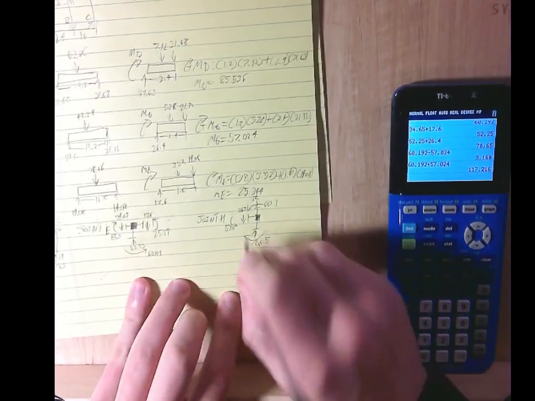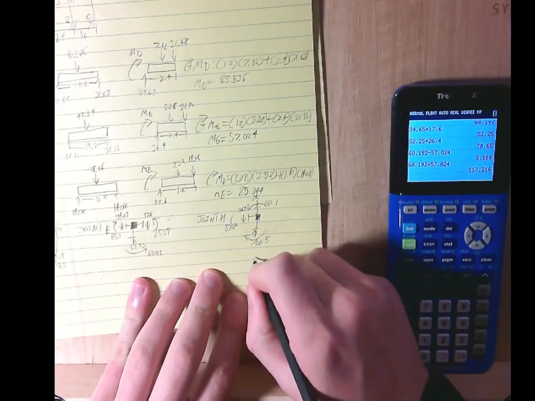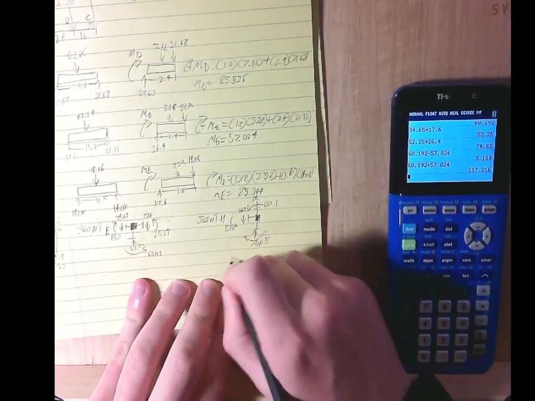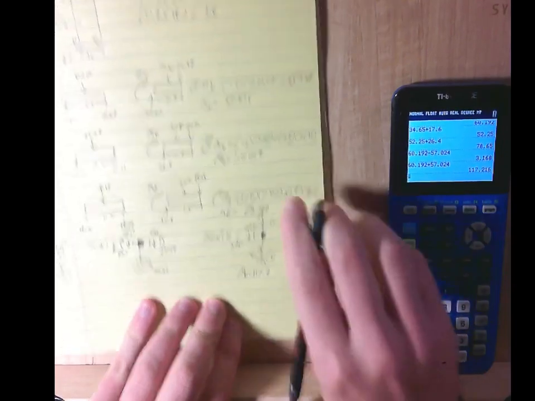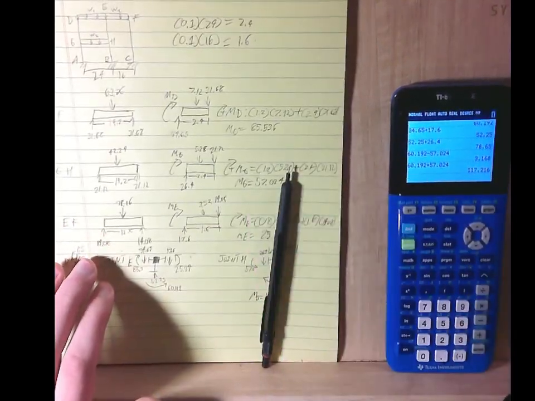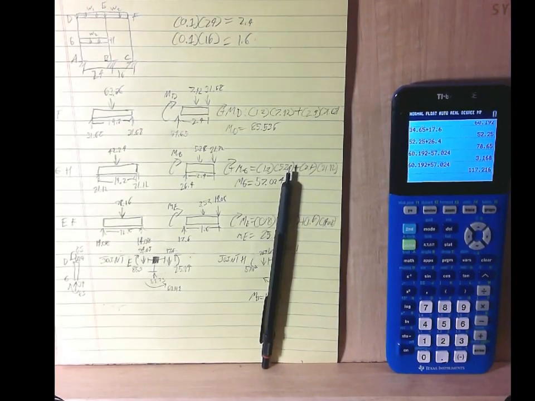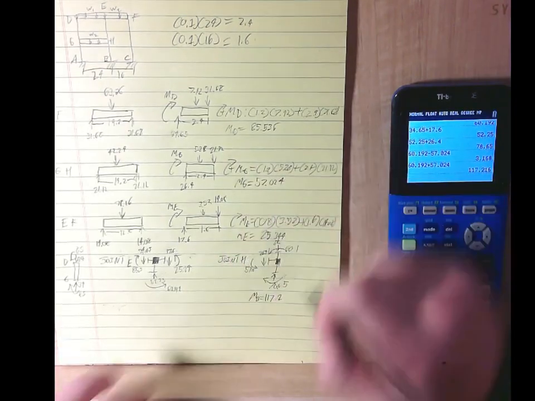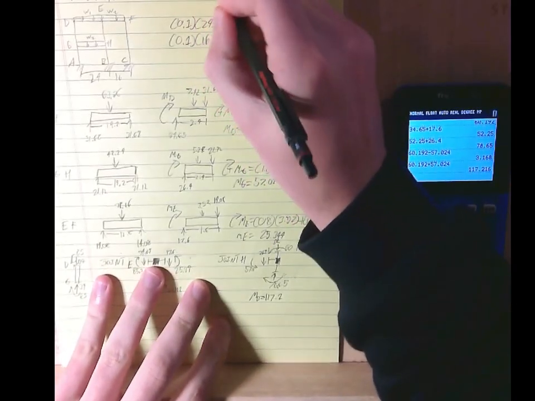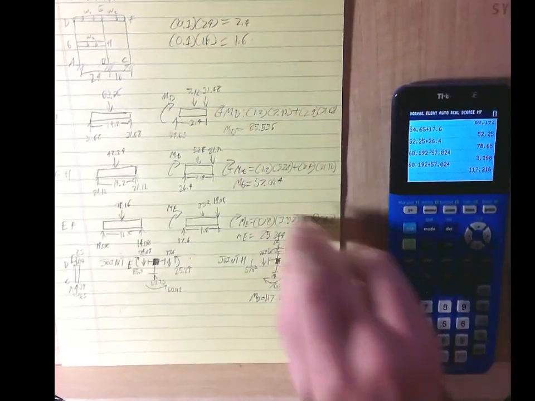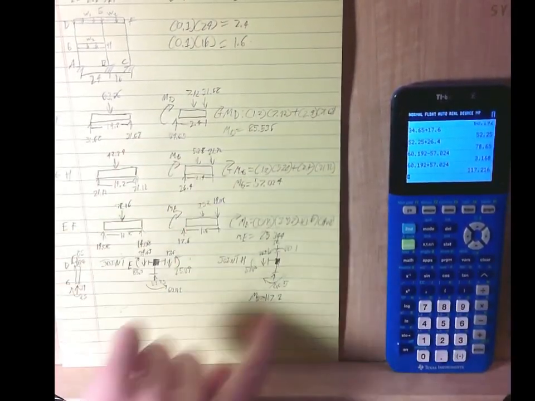So this moment here is going to be MB equal to 117.2. Negative 117.2. And that's MB right here equals negative 117.2. Makes sense. If we took this as our positive sign convention, it is going this way.